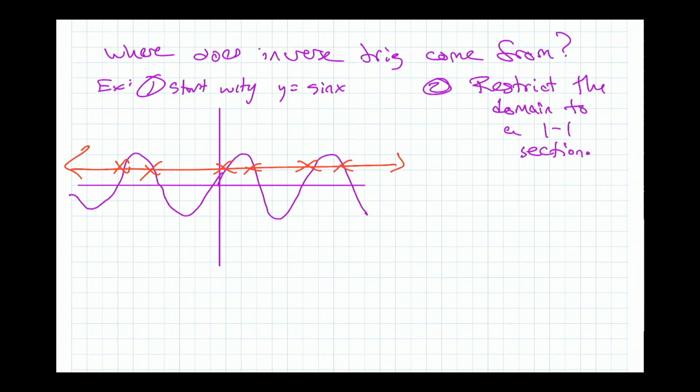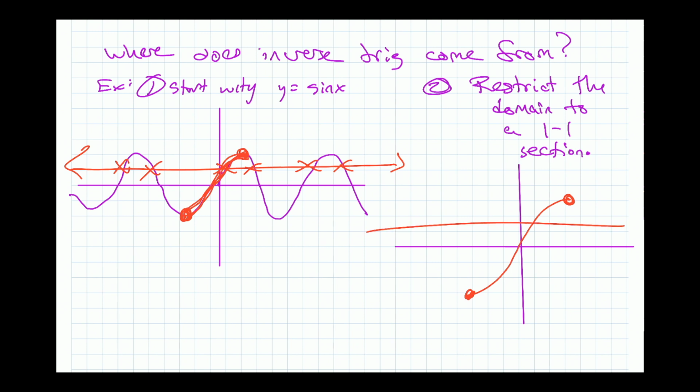To restrict the domain to a 1-to-1 section, a little piece of that graph will pass the horizontal line test from here to here, right? Just this much from here to here. That much passes the horizontal line test, right?